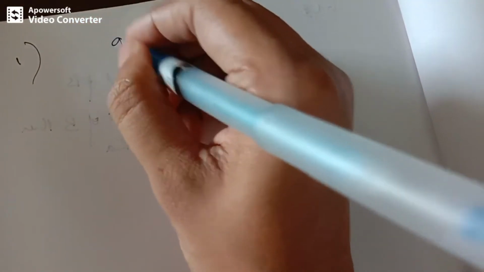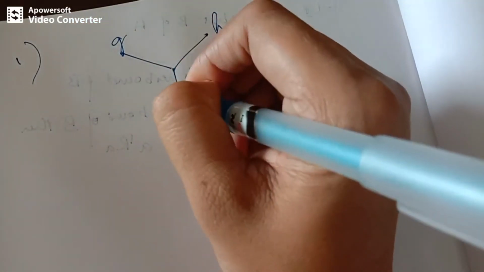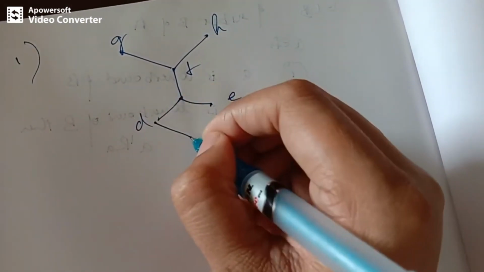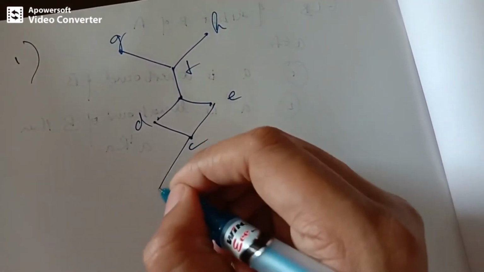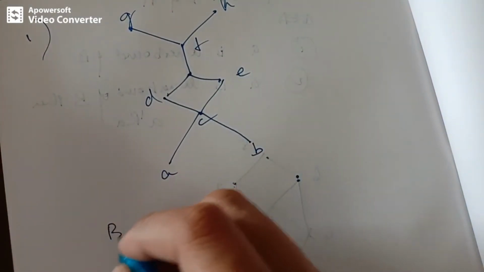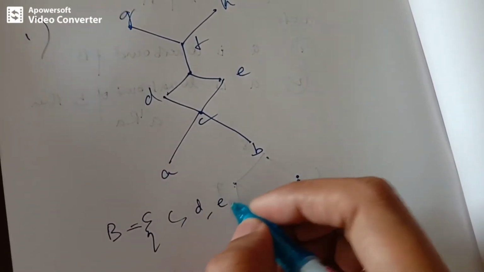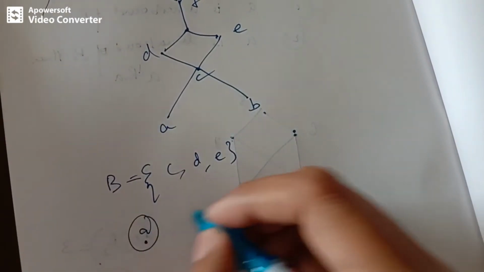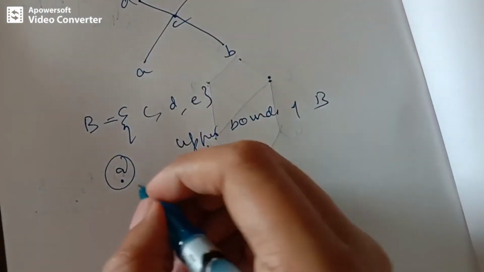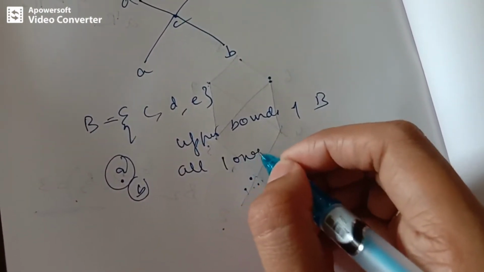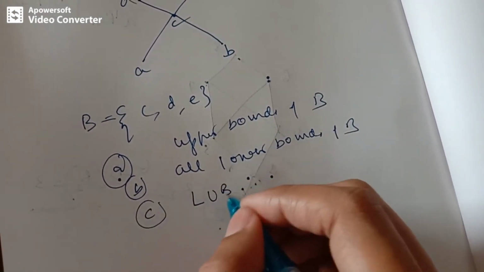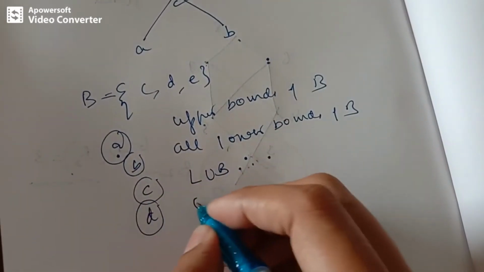So this is the Hasse diagram: G, H, and here we have got F, related to D and E, and C is related to D and E. Likewise, A is related to C and B is related to C. They have given you the set B, that is C, D, E. You have to find out all the upper bounds of B, all the lower bounds of B, then the least upper bound of B as well as the greatest lower bound.